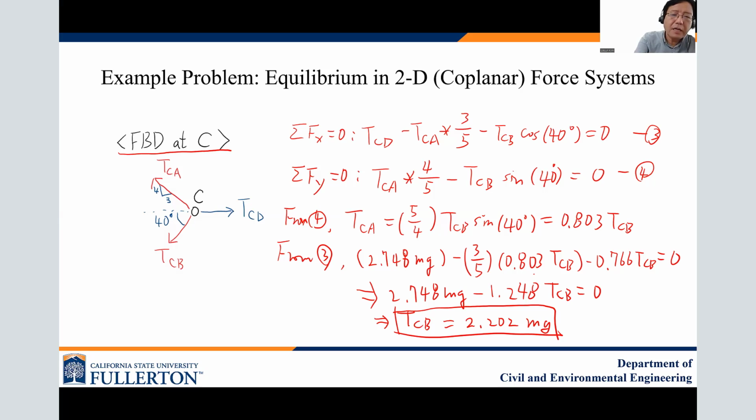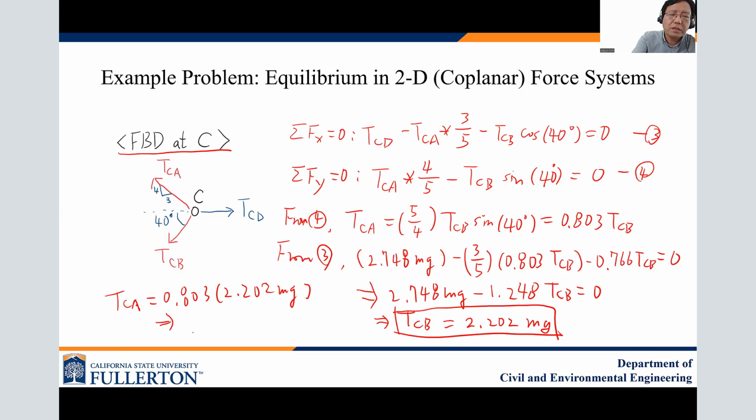And then TCA equals 0.803 times 2.202 mg.